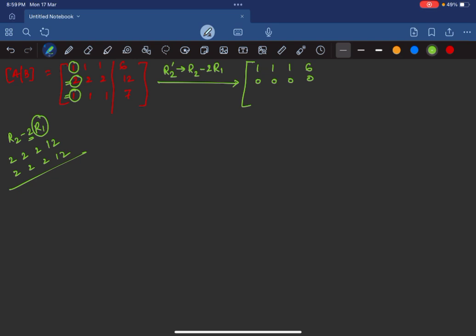Next, this entry you need to make 0. So r3 dash will be r3 minus r1. Here 1 1 1 7, and the first row is 1 1 1 6, so the subtraction gives 0 0 0 1. So this is the row reduced form you are getting.